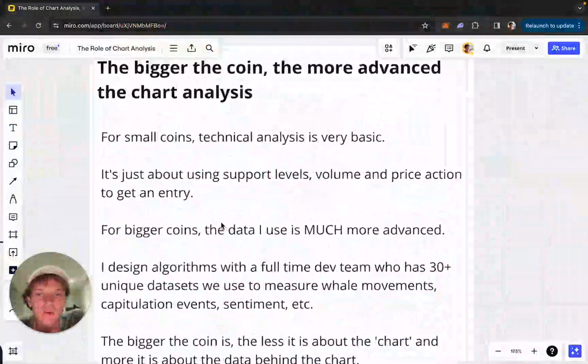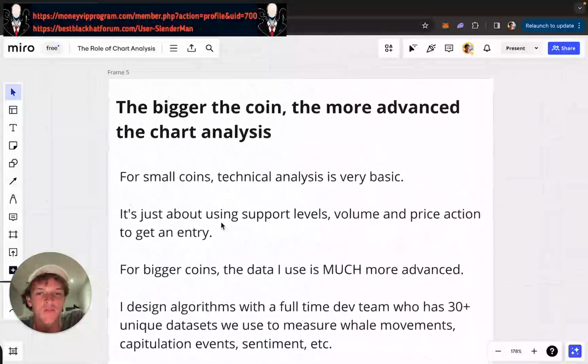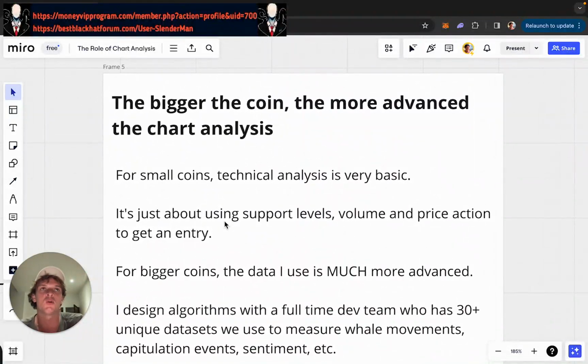Now, something I want to tell you is that the bigger the coin, the more advanced the chart analysis. So for small meme coins that are like a $3 million market cap, the technical analysis is very basic. It's like, okay, support, resistance, percent drawdown, price action, pretty basic. But for Bitcoin, Ethereum, Solana, mostly Bitcoin, the bigger the coin gets, the more advanced the data I use.